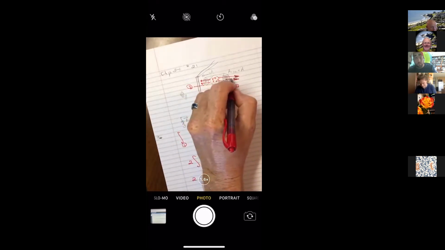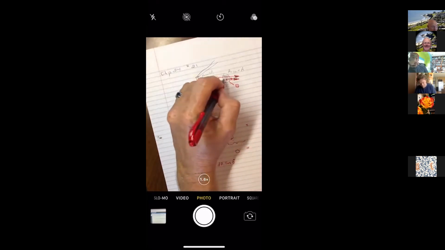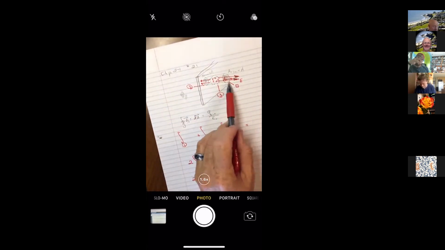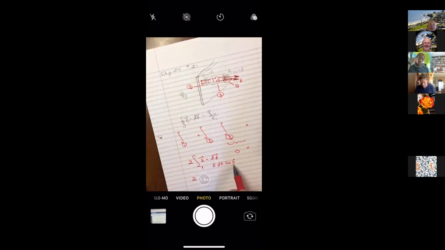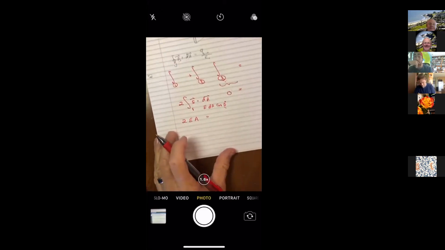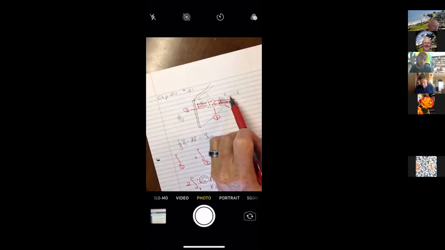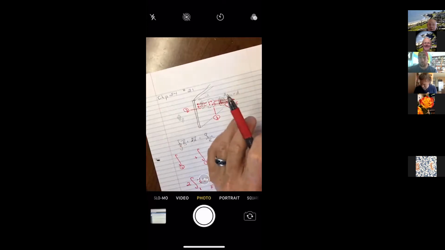And remember, the normal is perpendicular to the surface. So if this is the area vector and this is the electric field vector, they're in the same direction. There is 0 angle between them. And so this just becomes E times A, where A is, come back to the picture, not the whole cylinder, just what I call number 1 area, the little circle.